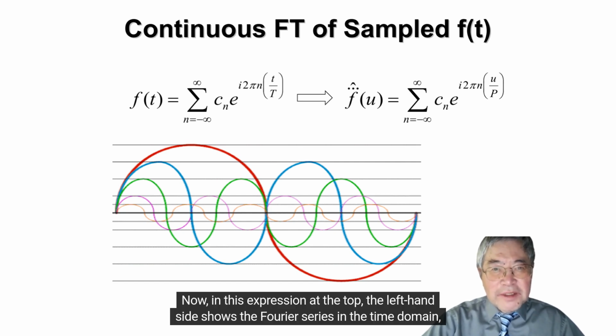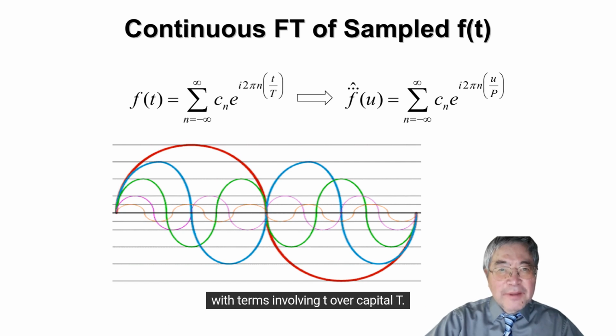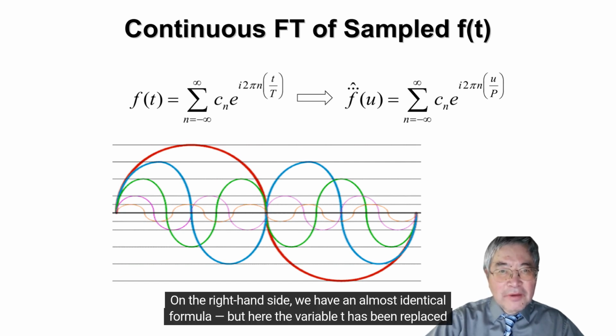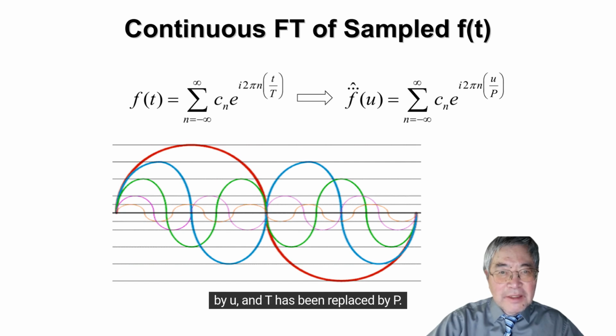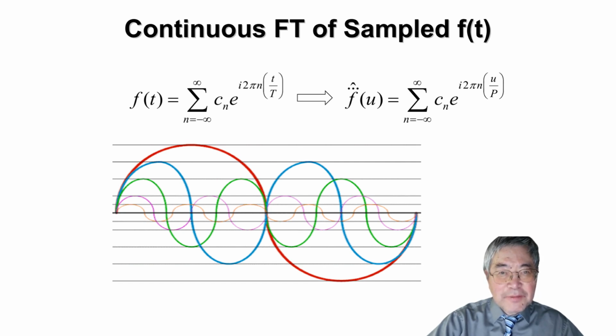Now, in this expression at the top, the left-hand side shows the Fourier series in the time domain, with terms involving t over capital T. On the right-hand side, we have an almost identical formula, but here the variable t has been replaced by u, and T has been replaced by p. This tells us that in the frequency domain we also get a periodic function.